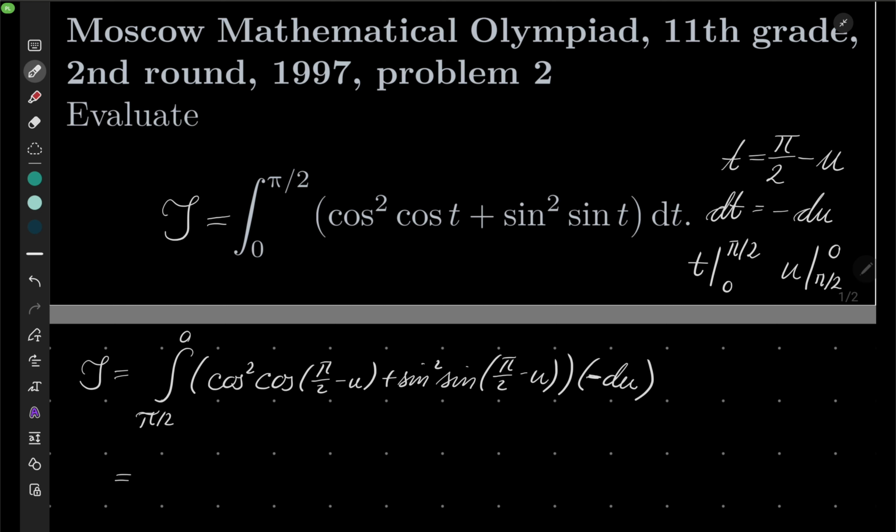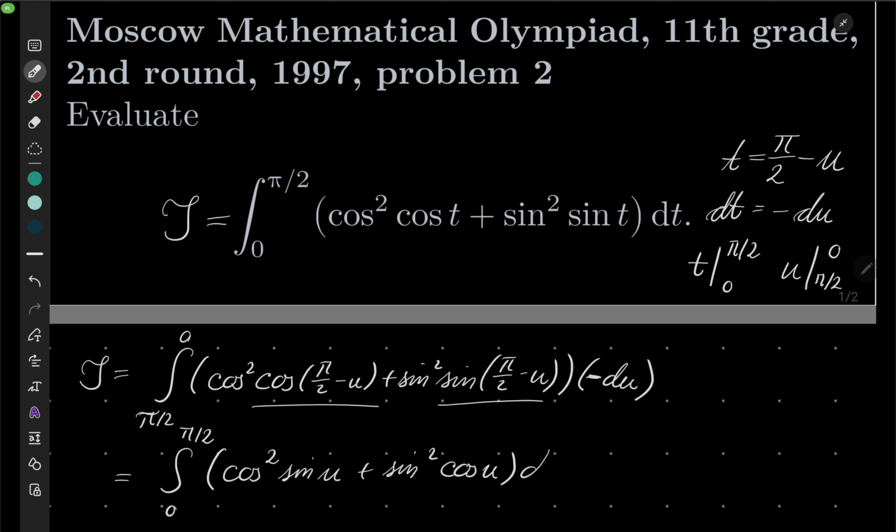We can combine this minus to change the bounds from 0 to pi over 2 of cosine squared, and let's look here, cosine of pi over 2 minus u by a pretty well-known formula is the same as sine of u. And here we have sine squared, and again sine of pi over 2 minus u is just cosine u du.